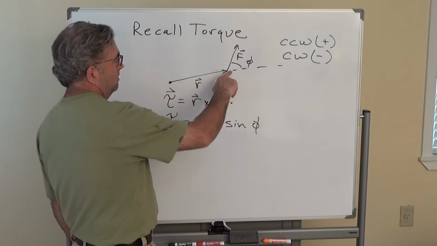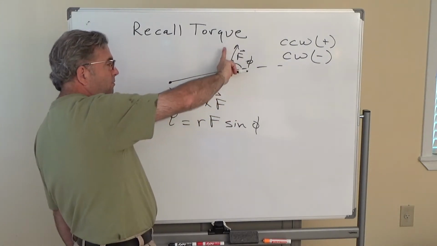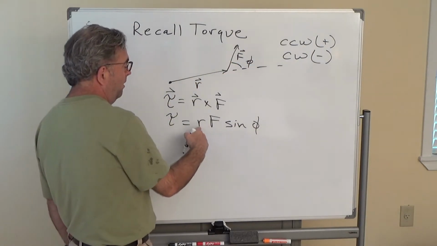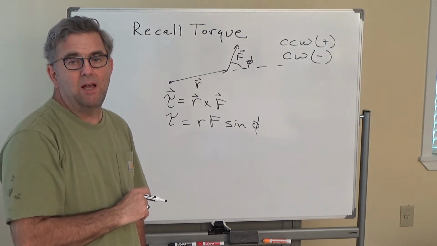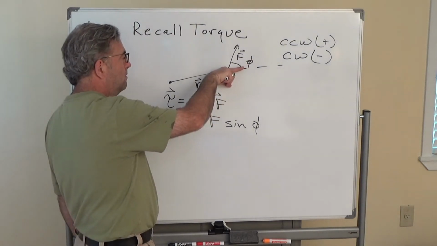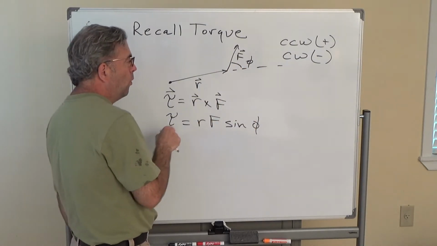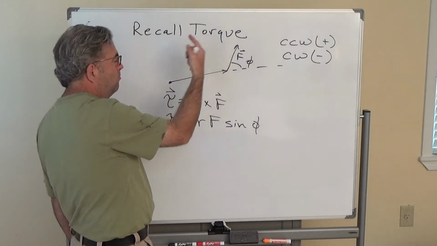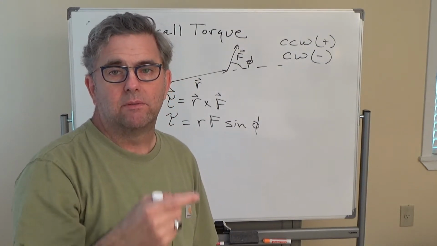In this case, if the angle is 90 degrees, sine of 90 is 1, you get all the torque. It's just R times F. If the angle were 0, sine of 0 is 0, you get no torque. You're pulling on that axis of rotation. You're not providing a torque about the axis.